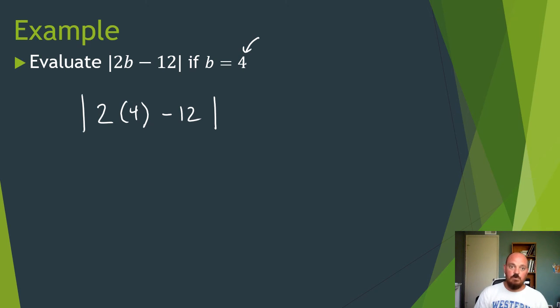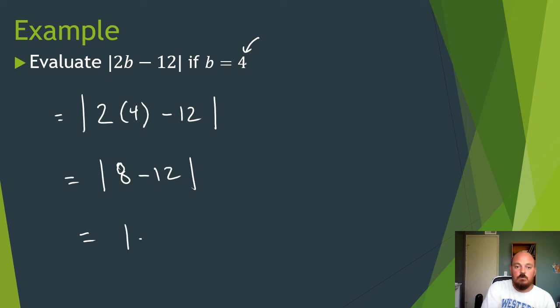The times comes before the minus. So I'm going to do 2 times 4 is 8. And then I do the subtraction. 8 minus 12 is negative 4. So what I got after evaluating is negative 4.